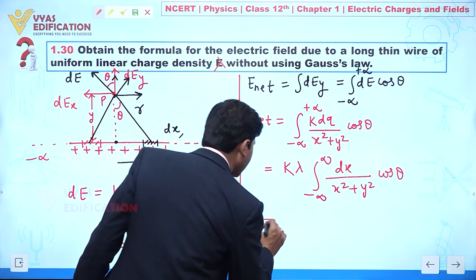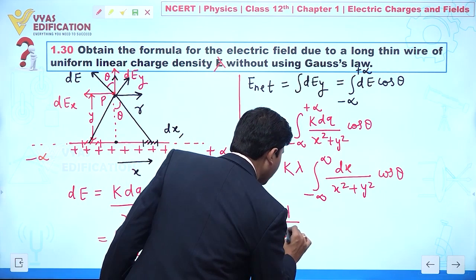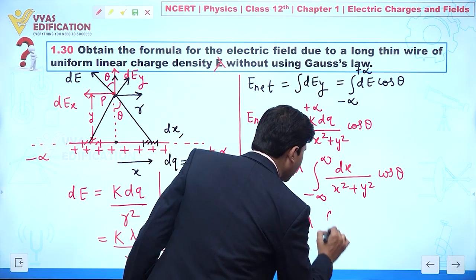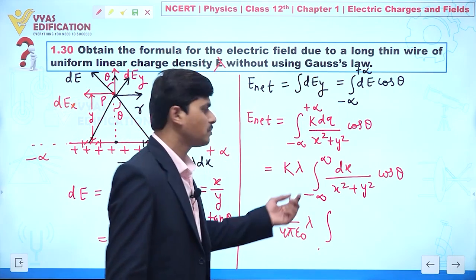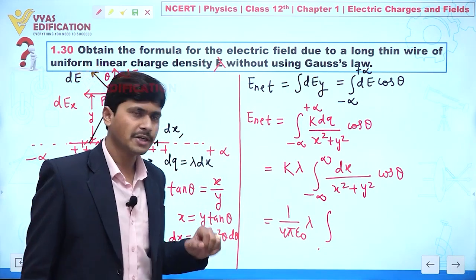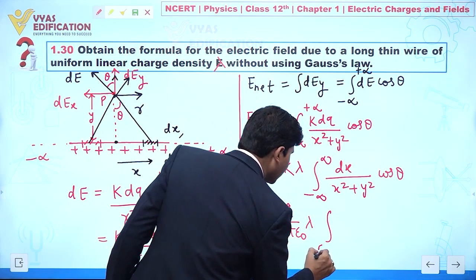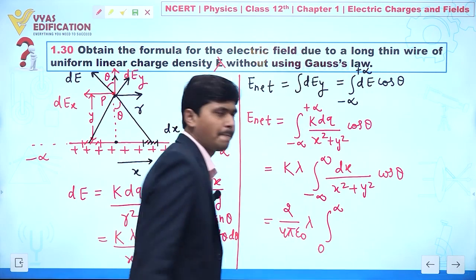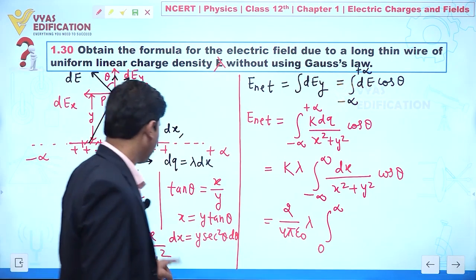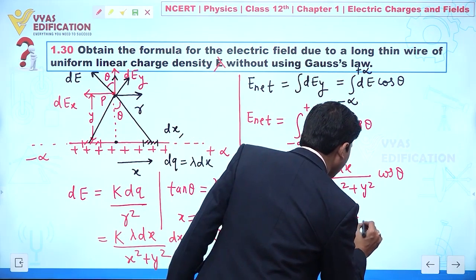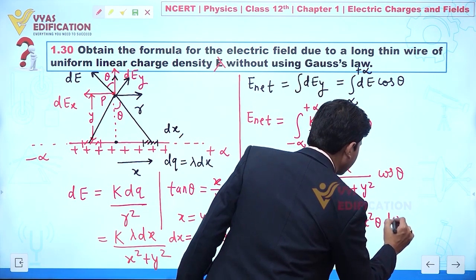So we can write k, that is 1 upon 4 pi epsilon naught, multiplied by lambda. Because this is minus infinity to plus infinity, we can multiply it by 2 and write the limits as 0 to infinity. And the value of dx is y sec square theta d theta.